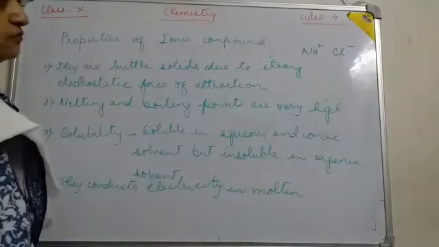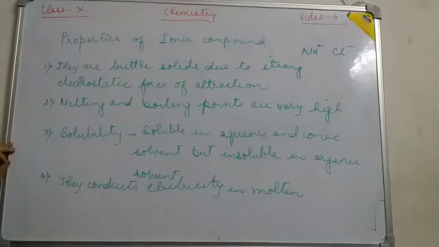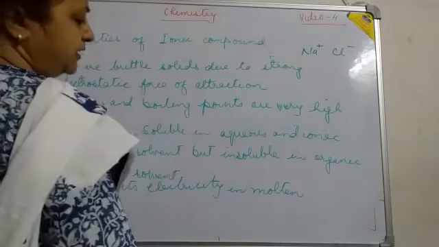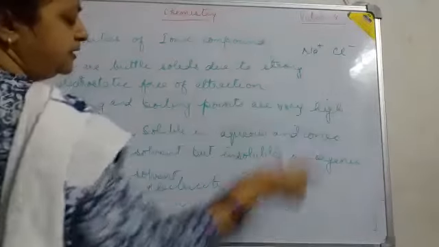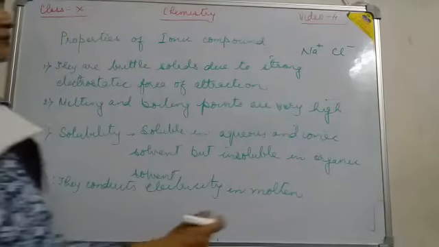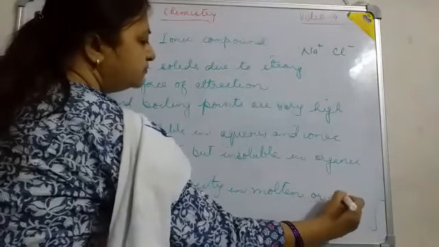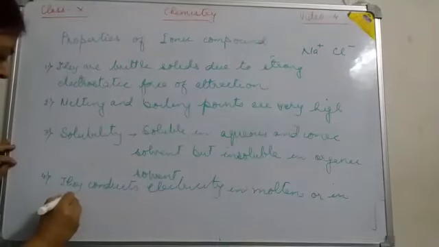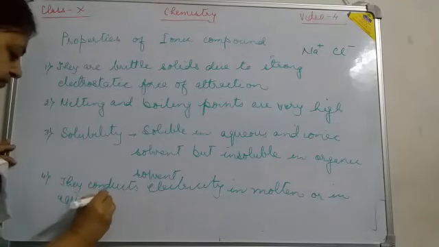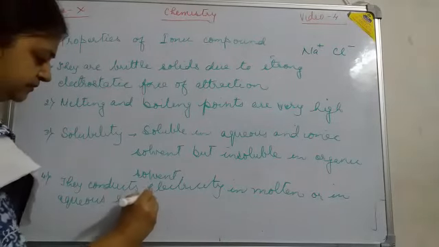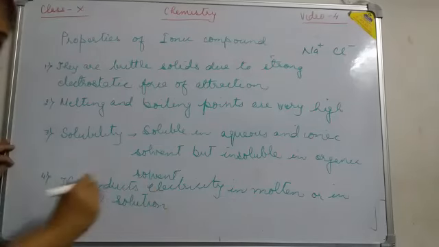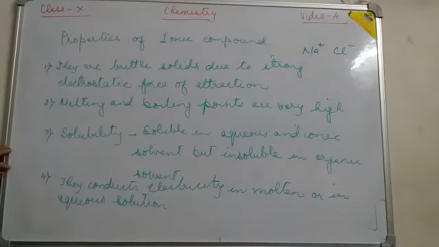For example, if you want to conduct electricity with sodium chloride, first you melt it at its melting point and then it conducts electricity, molten or in aqueous solution.